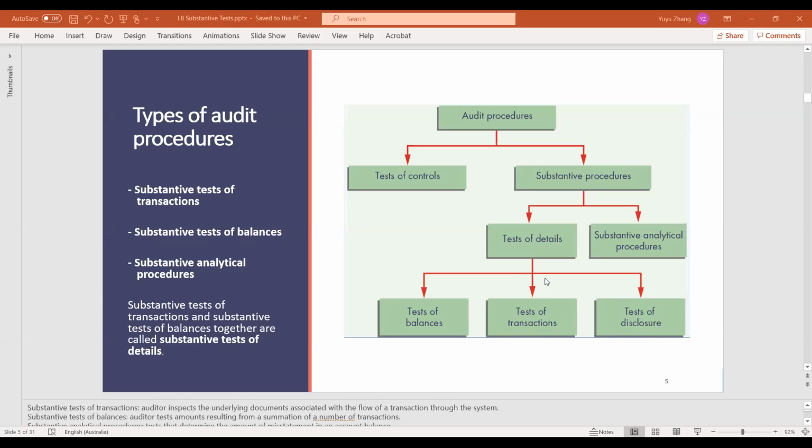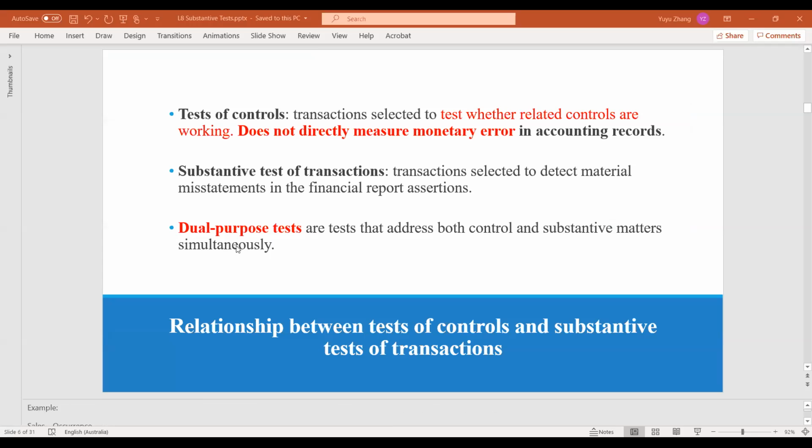If we are doing the test of transactions, it's usually done together with the test of controls, which is also called the dual purpose test. So what is a dual purpose test? That means we can use one test to address both the test of control and the test of transactions.